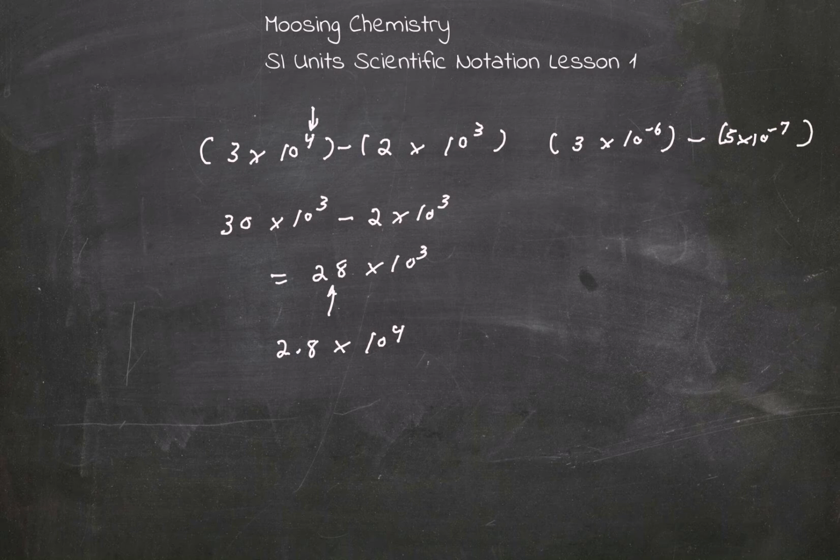Well, remember that the negative 6, okay, it's going to become a negative 7. All right, so let's take a moment here. And we look at this and we go, oh, this number actually looks bigger. So we've got to make this a negative 6. So this one becomes 3 times 10 to the negative 6 minus 0.5 times 10 to the negative 6.